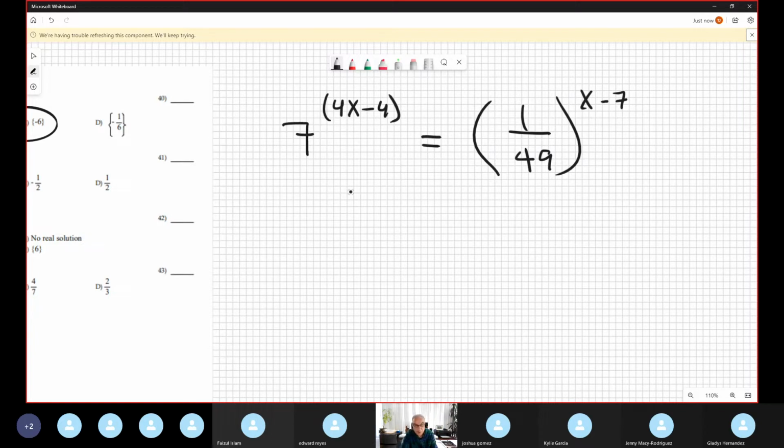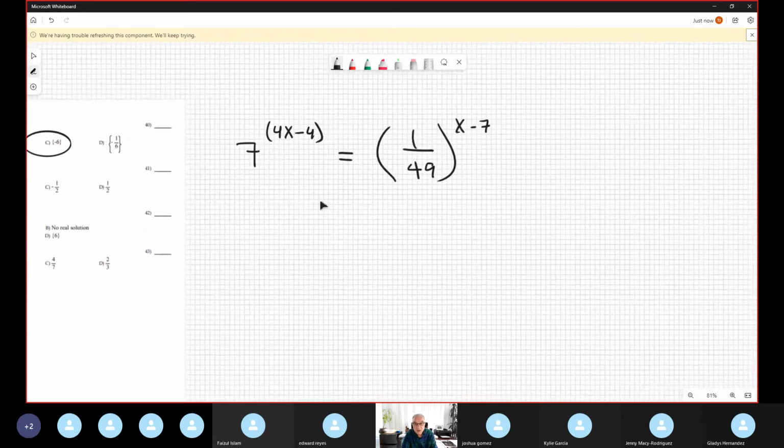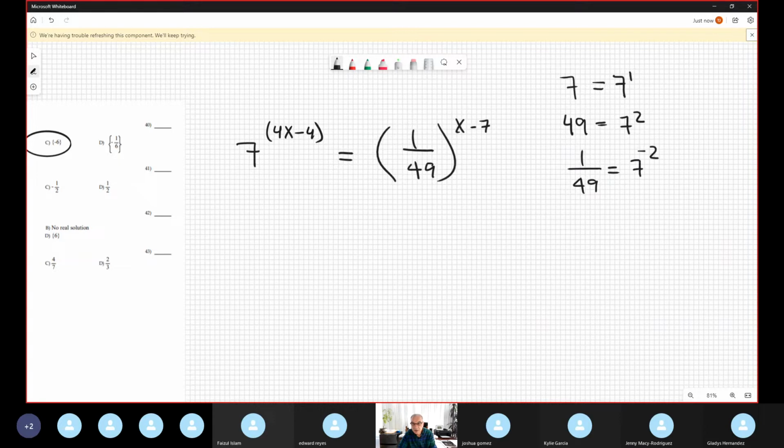So you try to find common base. I know that 7 is 7 to the 1, and 49 is 7 squared, right? But the reciprocal, 1 over 49, is 7 to the minus 2. Makes sense? Remember, negative exponent is reciprocal.